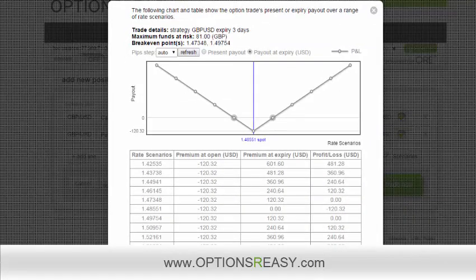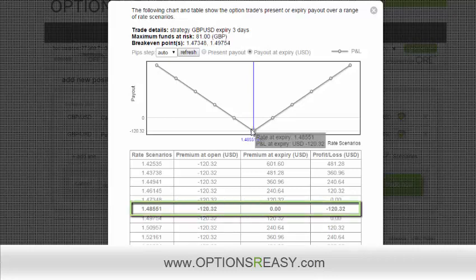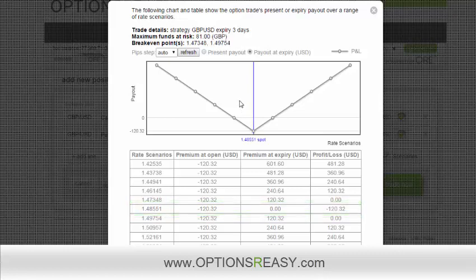So here is the payout at expiry over a range of sterling to US dollar rates. The strike rate of both the options is the center of the chart. Here this is at 148.55. And you can see as the market moves away from this strike, either up or down, the profit grows.